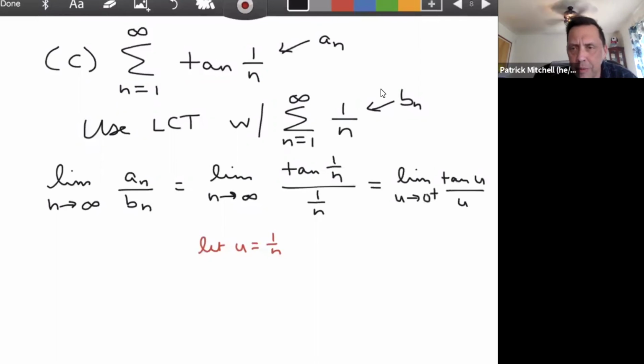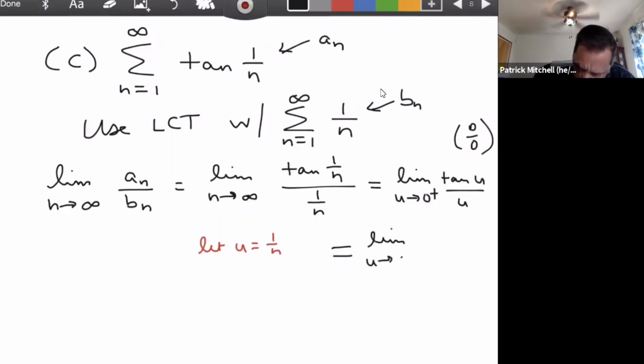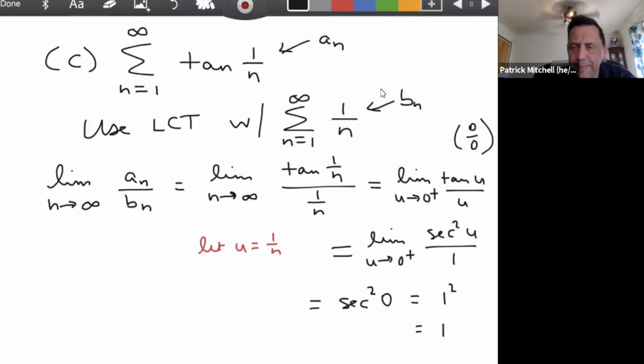I could write it in terms of sine u over u, which is definitely Calc 1, but I'll just use L'Hopital's rule. So by L'Hopital's rule, because this has the form 0 over 0, this is equal to the limit as u approaches 0 from the right of secant squared u over 1. That limit is secant squared 0, which is 1 squared, which is 1.